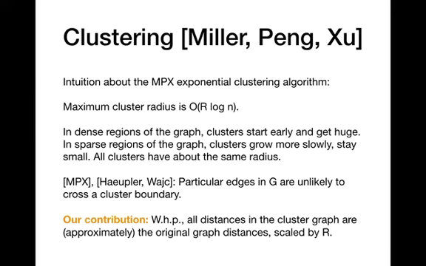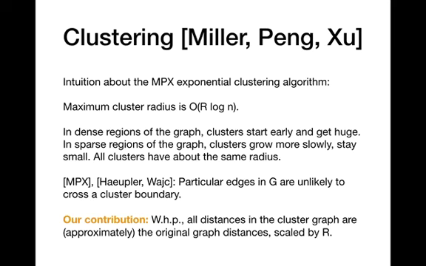Okay, so why does this work? Well, the maximum cluster radius is order r log n, and in dense regions of the graph, clusters are going to start forming early, and once they've started forming, they're going to start growing and they're going to get big.